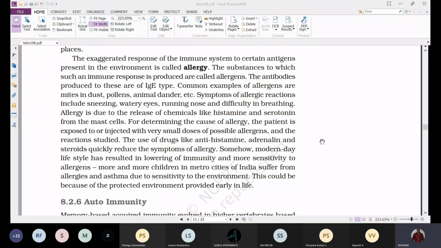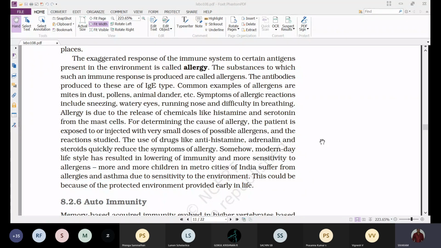Of these, IgE antibodies are mainly involved in allergic reactions. So the antibodies produced against these are of the IgE type. The IgE type of antibodies are responsible for this.